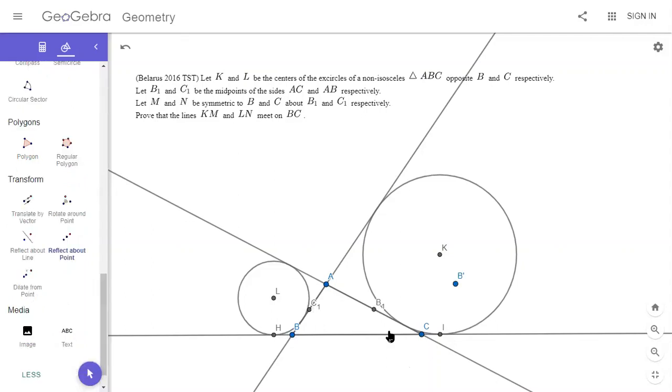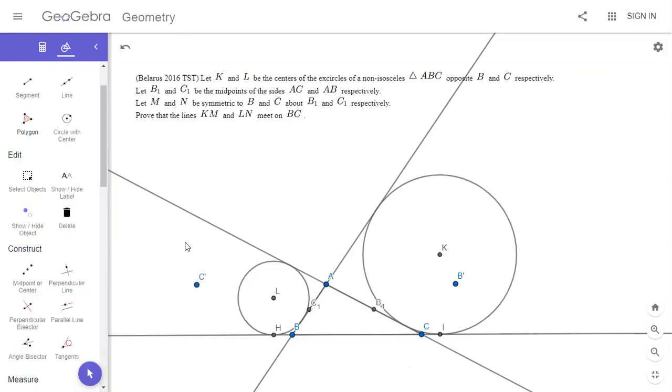All right. So basically we have a bunch of stuff. So yeah, this is a parallelogram, this is a parallelogram. These two are the midpoints.